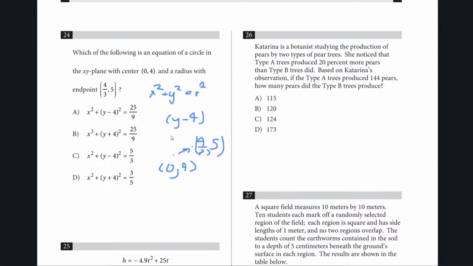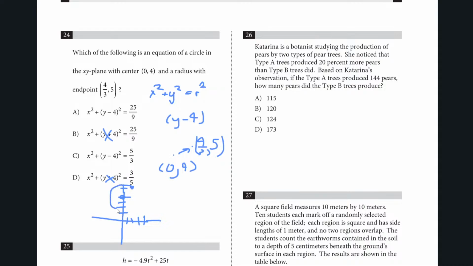At least let's narrow it down. It is a y minus 4, so we know B and D are wrong. So it's between 5/3 and 25/9. Let me draw this out on an actual graph so I can visualize it a little better. 0, 4 is up here. 4/3, 5 would be like right here.